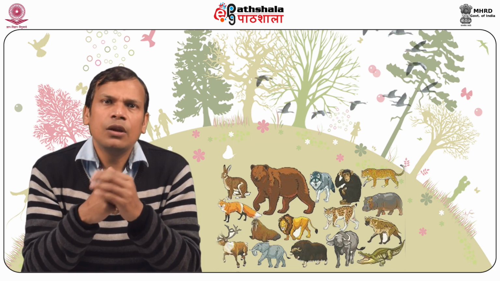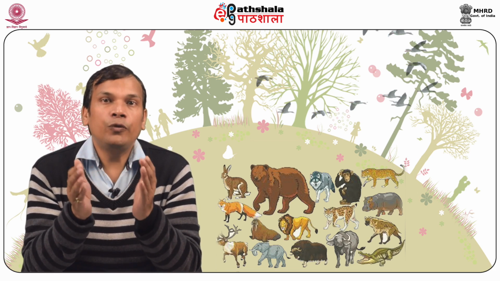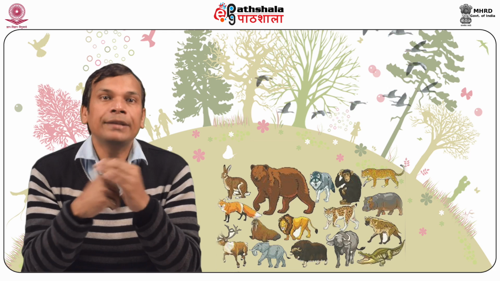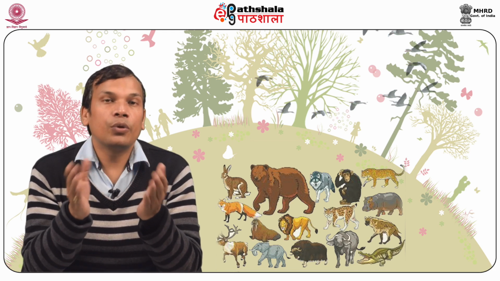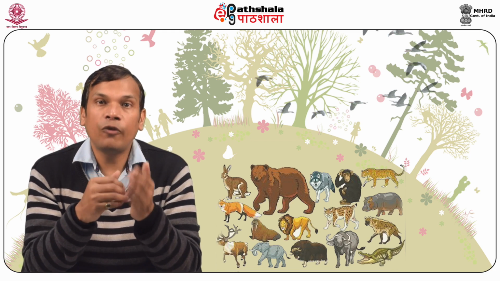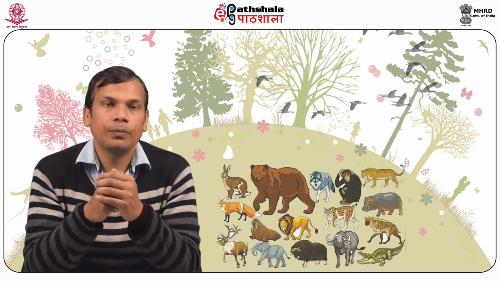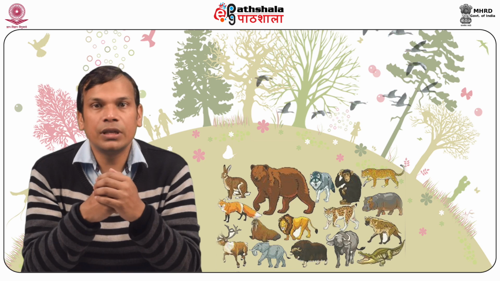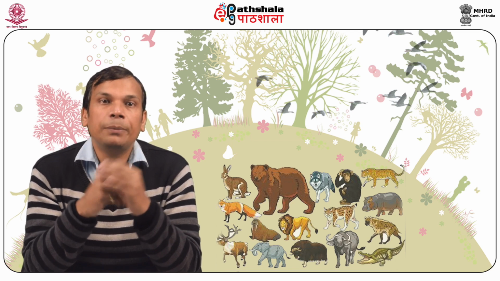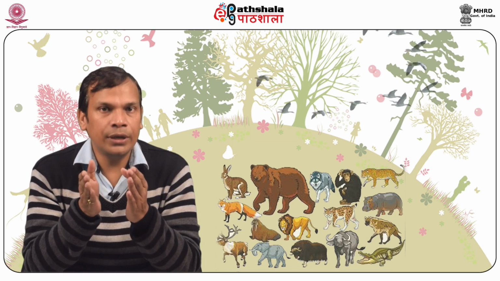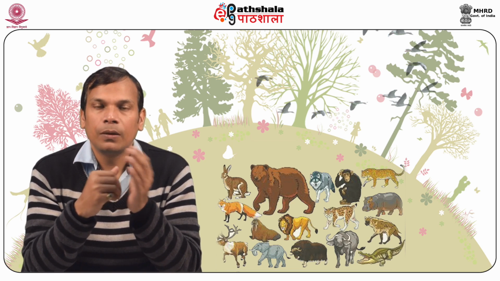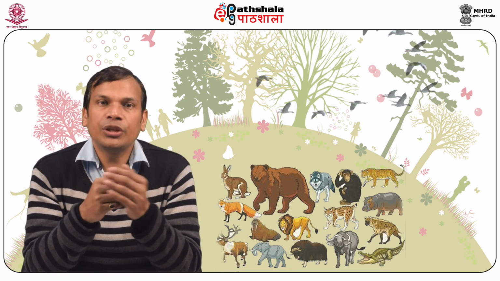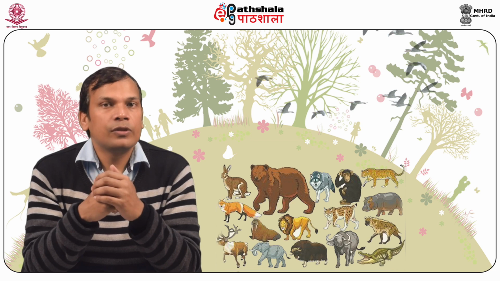We utilize 40% to 50% of the land surface for the production of food, fiber, and fuel. The exploitation of these natural resources to fulfill the basic needs of the growing human population led to the extinction of a large number of species.